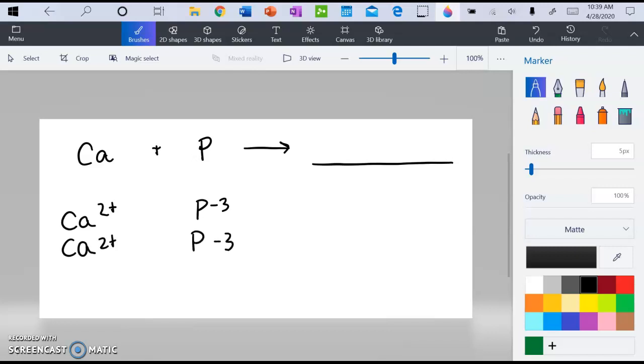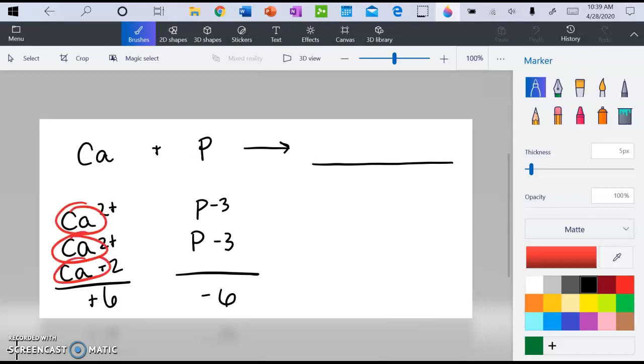And if I add another phosphorus, I have -3, so those don't balance out. But if I add a third calcium, now I have +6, and I have -6, and those cancel out. So I had to use 1, 2, 3 calcium, and I had to use 1, 2 phosphorus. So that is the actual formula for my product.